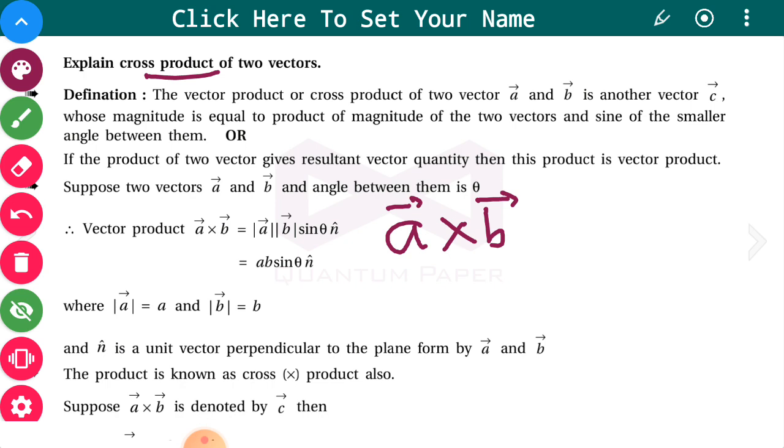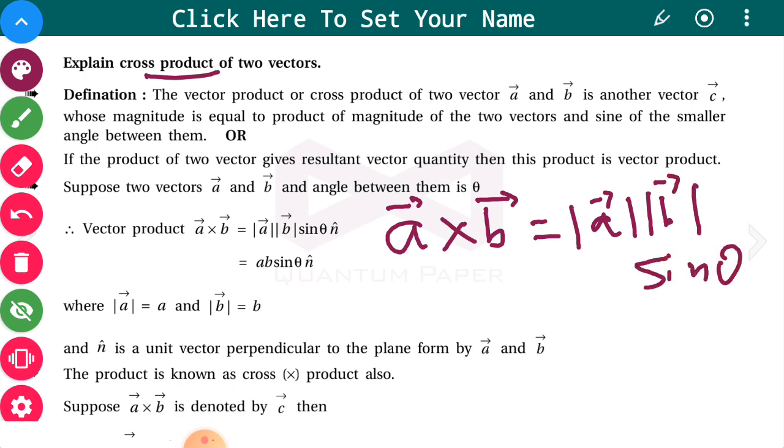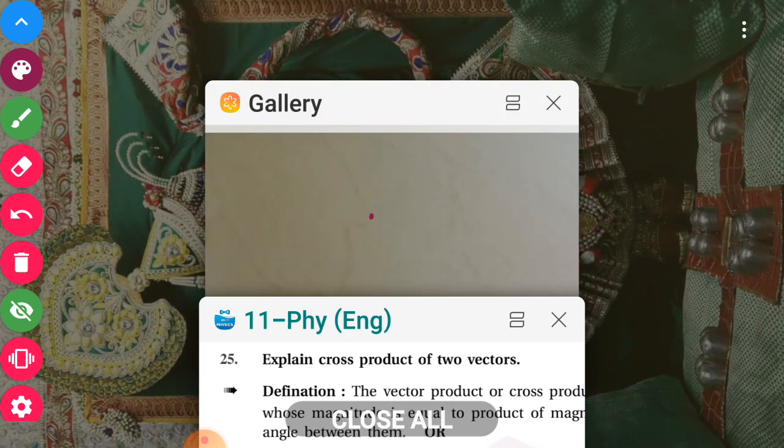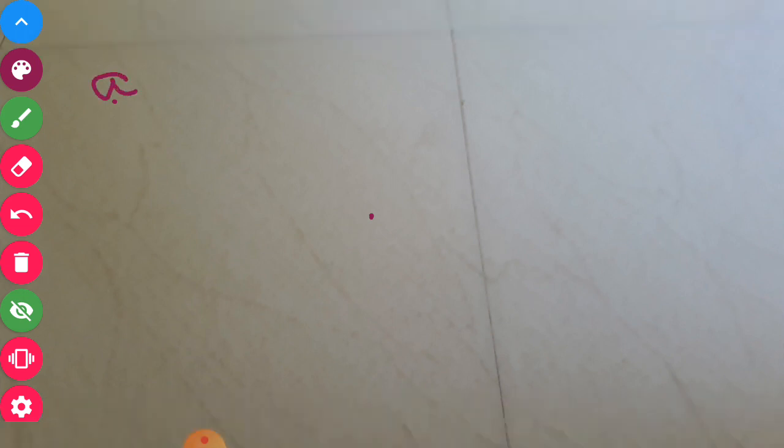Vector A cross vector B is defined as the magnitude of A into the magnitude of B into sine theta n cap. Now try to understand this. Say, for example, you have vector A cross B, then it is defined as AB sin theta n cap.